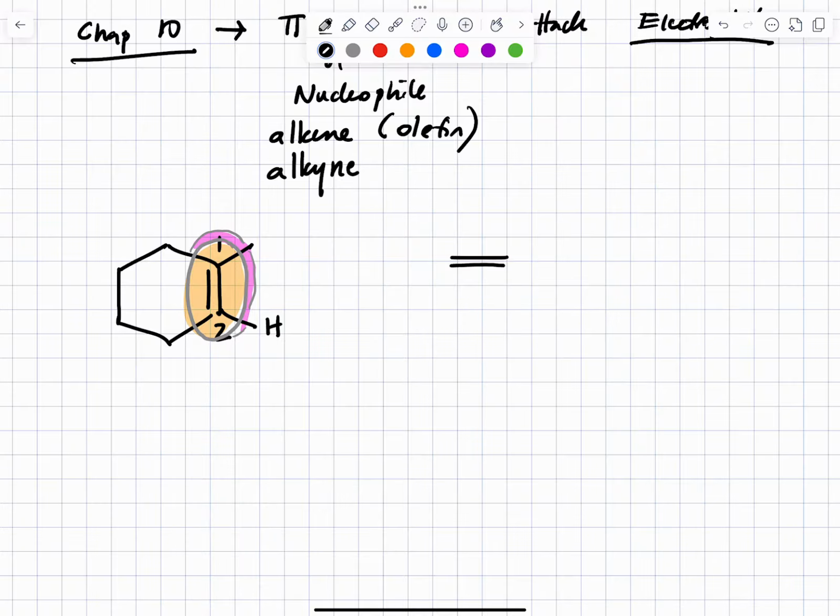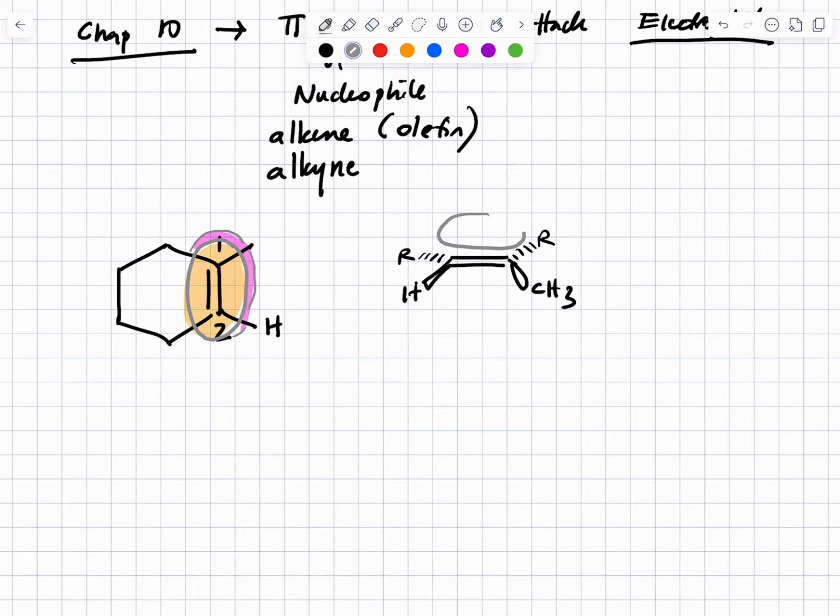Unlike the nucleophiles you've seen so far, which in chapters 7 through 9 were all just molecules with lone pairs on a single atom, and that was usually negatively charged, with an alkene the HOMO is shared between two atoms, and not only that, but it's also in two places at once.